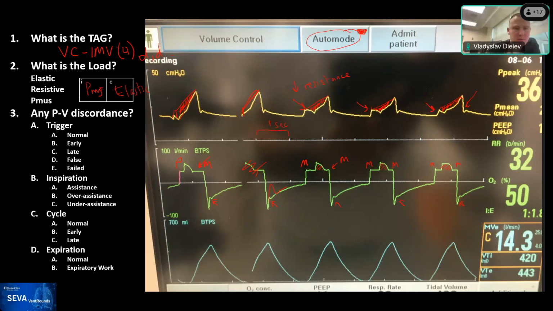No, that's a great point, Eduardo. Thank you. All right, and finally we are moving to our PV discordance. So do we have a normal trigger, or do we have any problems with the trigger? What does everybody think?